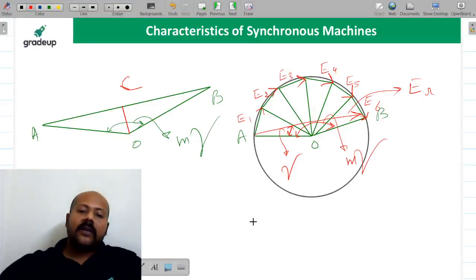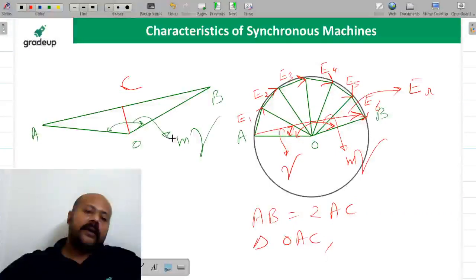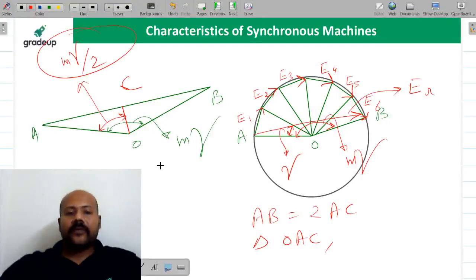And if you have to calculate AB, AB is going to be 2 times AC. Now you see in this triangle OAC, what is this angle? This is going to be half because it is a perpendicular bisector. So this angle is going to be m gamma by 2. Yes or no? Now you apply this.